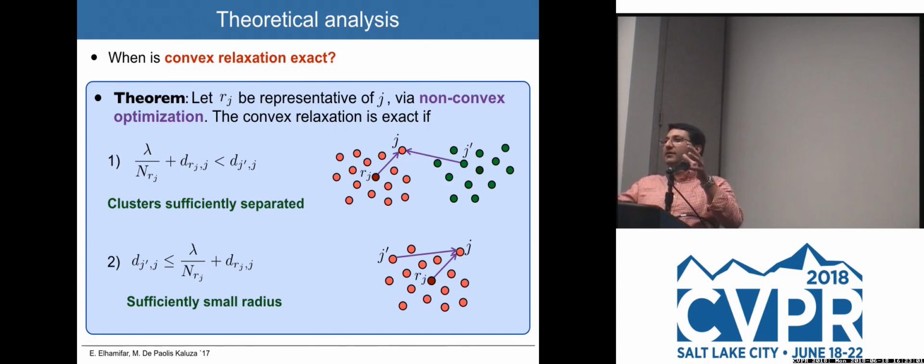Otherwise, it will make sense to break it down into 2 pieces, get a much better encoding cost, but I have increased the number of representatives by 1, which is going to be affected by a factor of lambda. Right? So under these 2 conditions, the convex relaxation is going to achieve exactly the solution of the non-convex facility location.